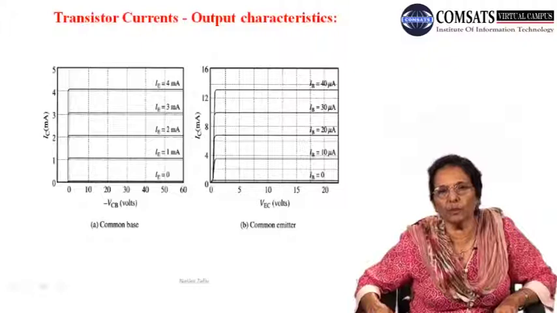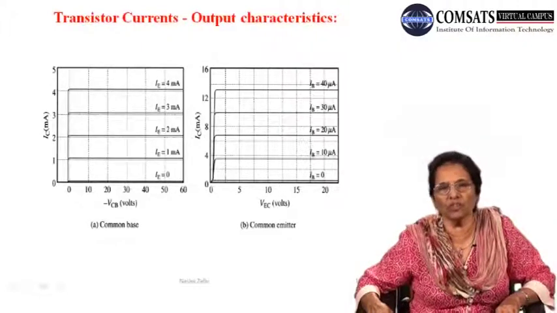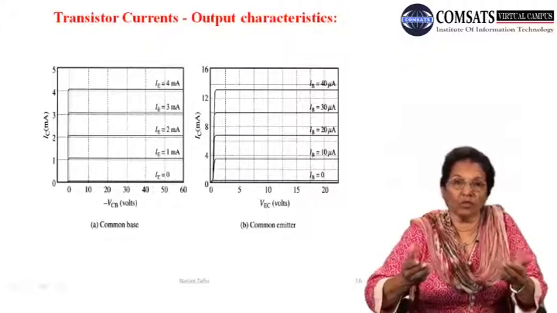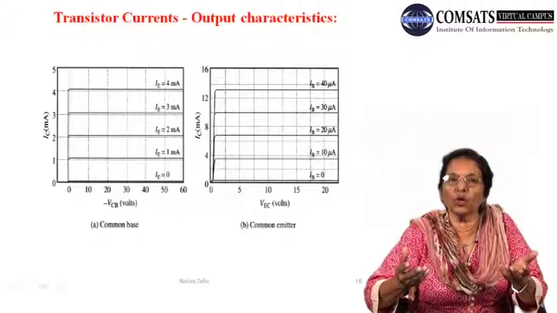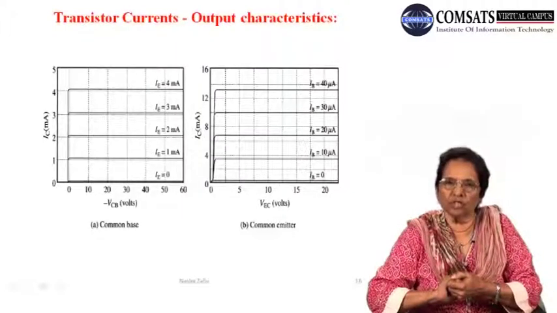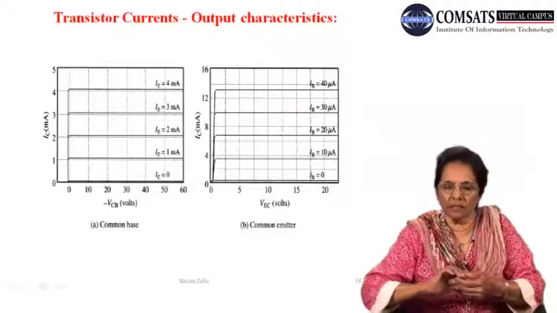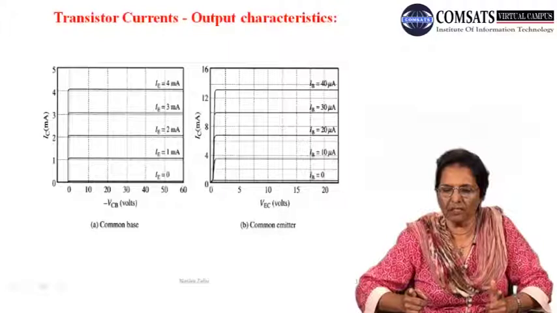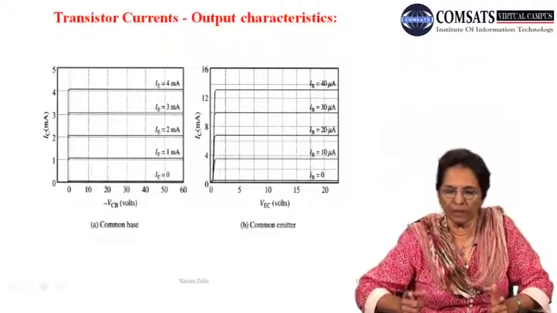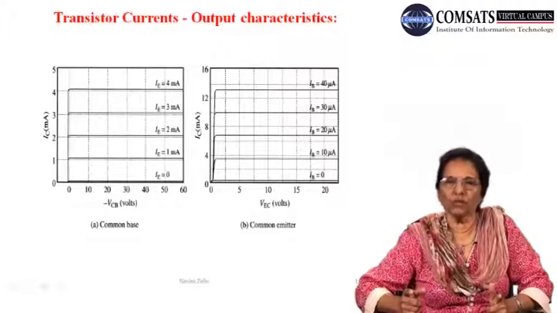But in the common emitter configuration, if we go beyond 20 or so, then we get another phenomenon, breakdown, which we talked about while we were discussing the breakdown of junctions for single PN diodes, semiconductor diodes.